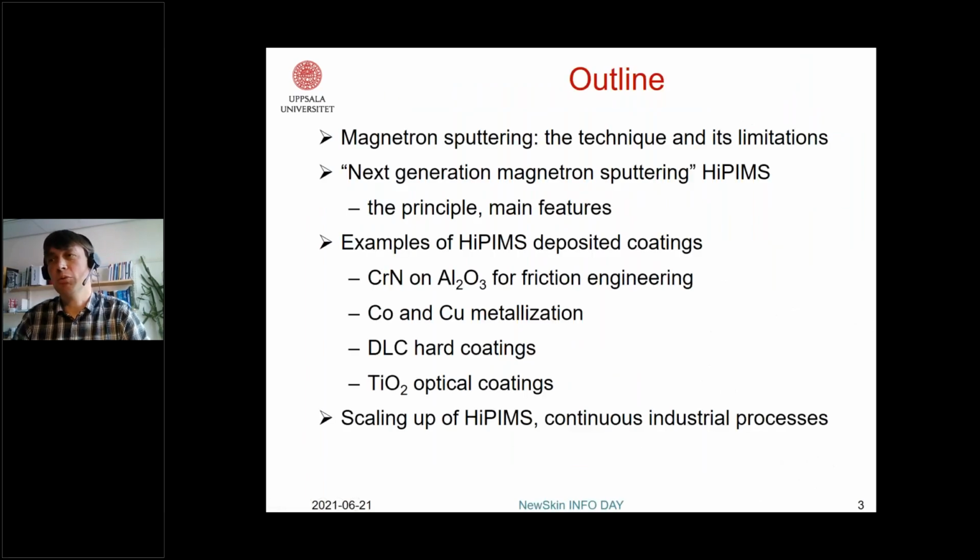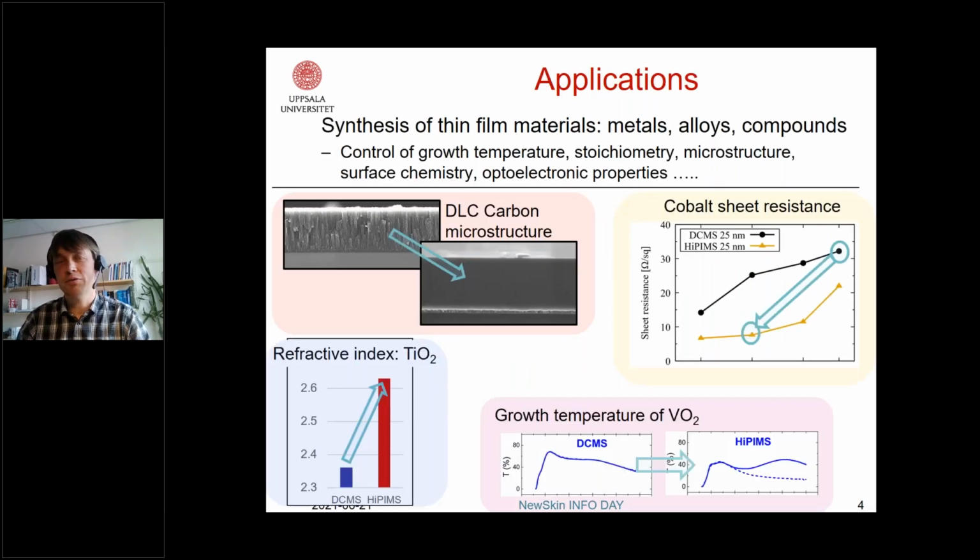I was thinking about the outline, that I should explain what this is about, how it can be used, and so on. But then I realized it's important also to put this in a broader context. So I can promise that I will mention at least some examples of applications, what type of surfaces we can prepare and what type of materials we work with. But I thought the best is if I start like this.